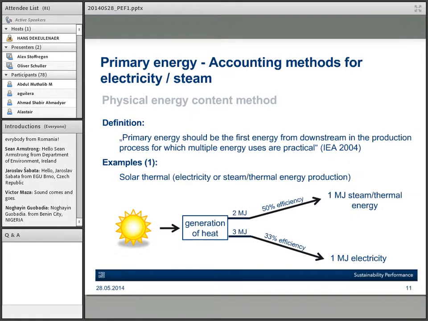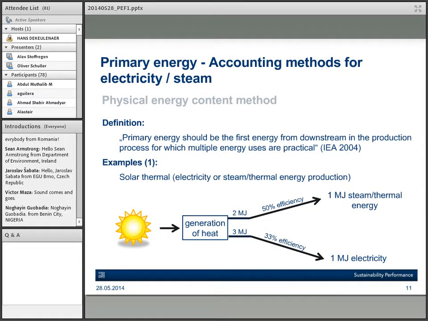The first example is solar thermal, so not photovoltaic. The solar radiation is used to produce heat, and this heat can be used to produce then electricity or steam or thermal energy. So the heat, after the definition of the IEA, is the first energy for which you have multiple practical uses.